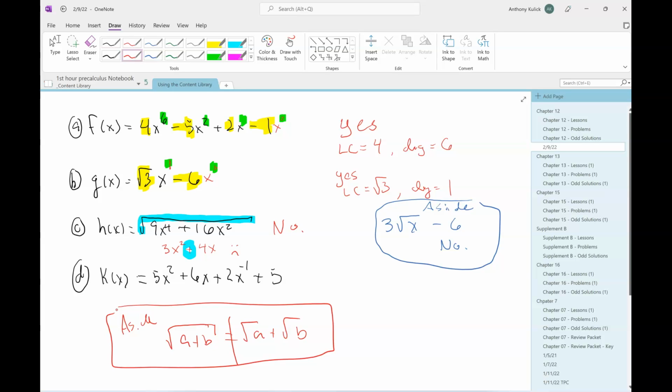No, we really don't. The only operations that distribute are multiplication and division. You can't distribute sines and cosines. You can't distribute radicals. You can't distribute logarithms or exponentials or anything else that we've talked about. Addition, subtraction, or multiplication, division. That's it.